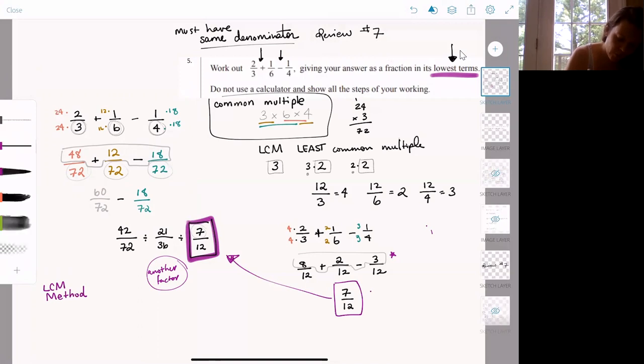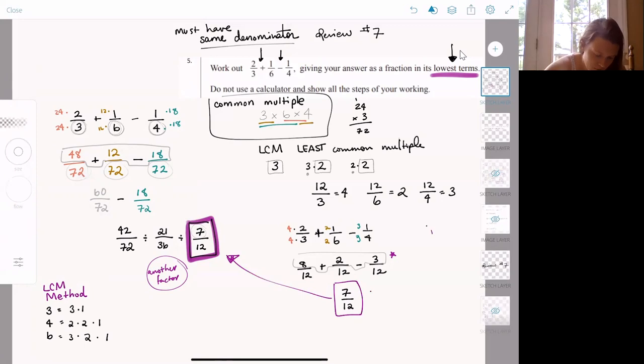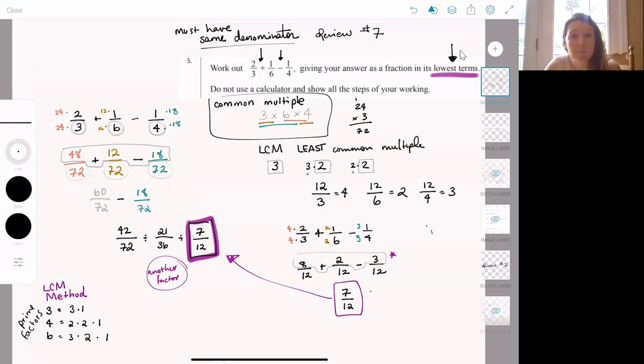Okay, so remember we worked on this a little bit, and remember you guys hated it because, I'm sorry, it's terrible. So if we've got 3, 4, and 6, we want to break it down into its prime factors. And remember, a prime number is only divisible by 1 and itself.